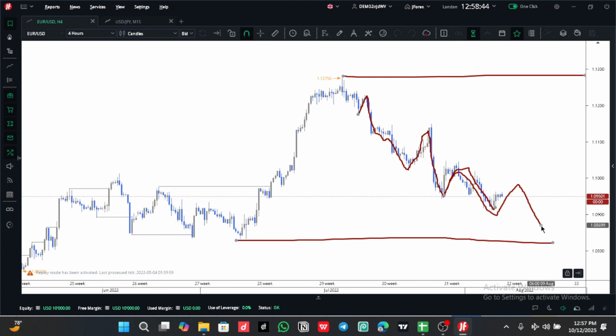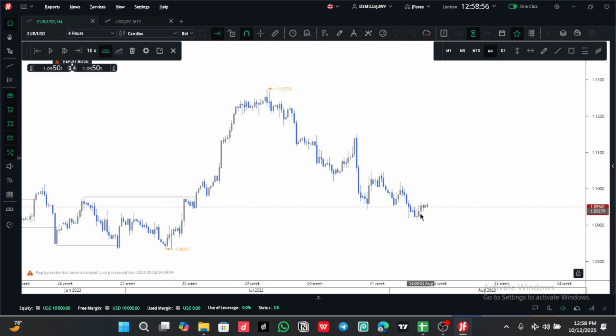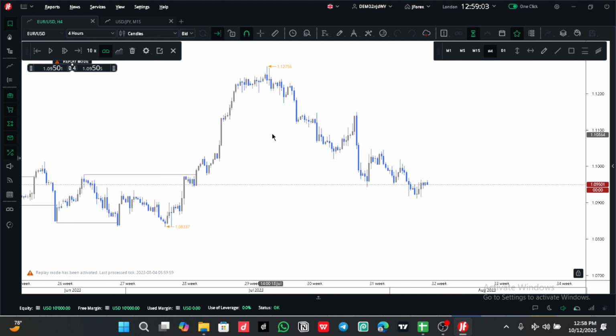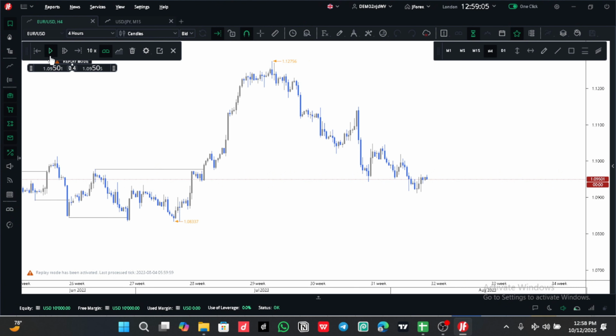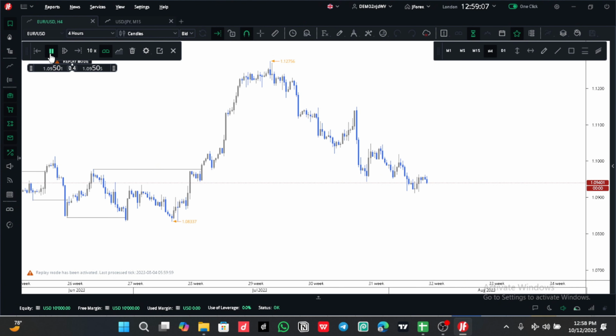It's only the moment the market gives us a change, whereby the market breaks a high, that will indicate that the market is now most likely to target this high, right? So for now, let's keep watching the price.